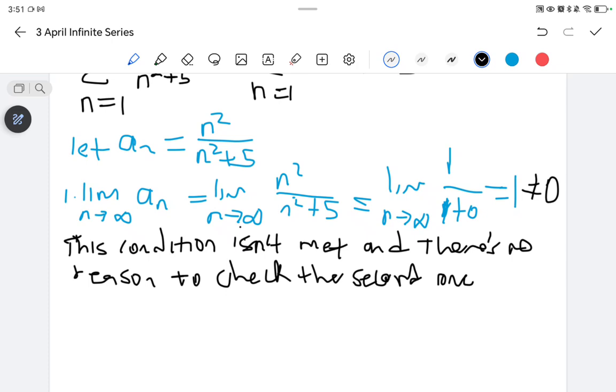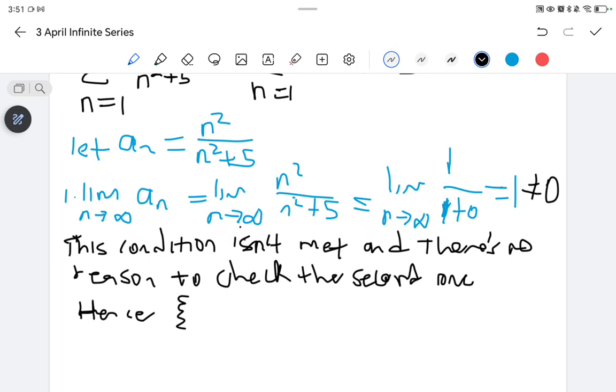So now we're going to say hence. Now the best thing to do, if we find that the condition isn't met, is we should not just deduce and say that this is a divergent series.